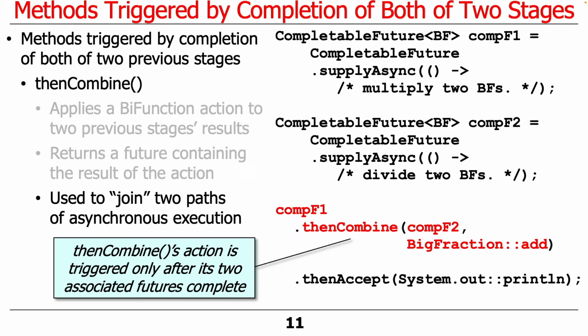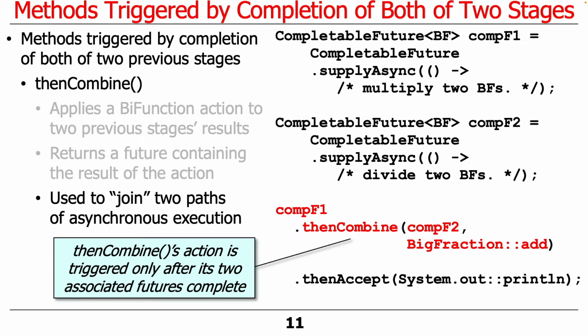And then we're going to use the thenCombine method. thenCombine is going to have this bifunction action triggered, the big fraction add method reference. That's going to be triggered when conf1 and conf2 both complete. So the add doesn't get done until both those things are done, which makes sense. We're basically joining things together.